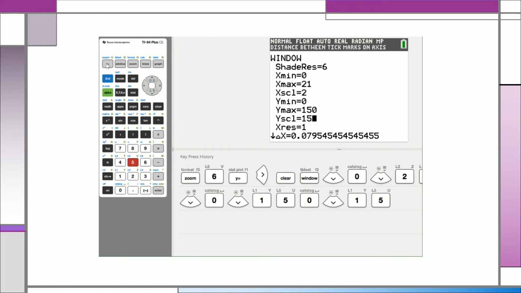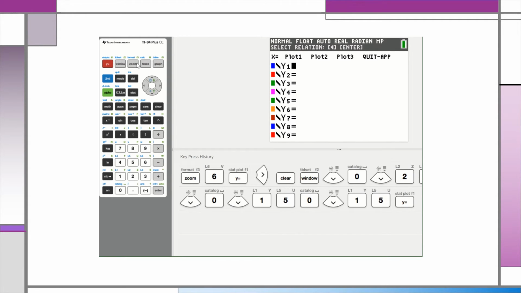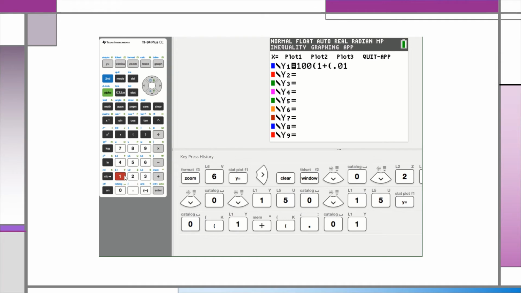And now let's go punch in this function. Well, y is equal to a in this case. And so then I've got 100 times 1 plus, and I'm going to put another set of parentheses in here. I'm going to take my rate, 0.012, that's 1.2% interest, and I'm going to divide it by my number of compounding periods, and we're compounding twice a month, or 24.